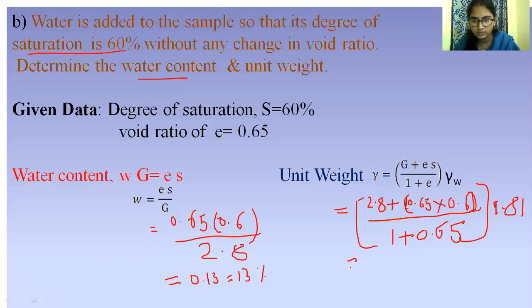That is equal to 18.97 kilonewton per meter cube. So in this problem, the water content is 13% and the unit weight gamma is equal to 18.97 kilonewton per meter cube.